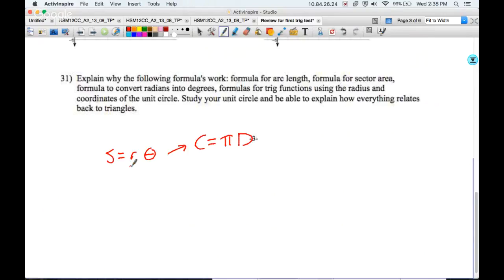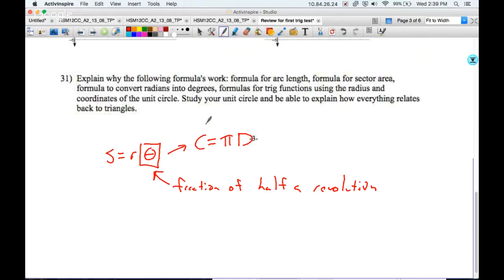And theta here is going to give us the fraction of half a revolution when given in radians. So because theta is in radians and radians directly relates to the length of the arc, all we have to do is scale by the radius.